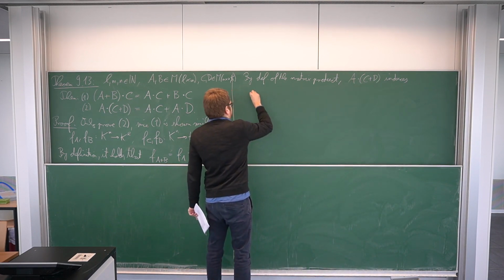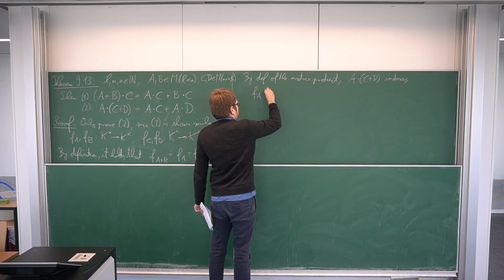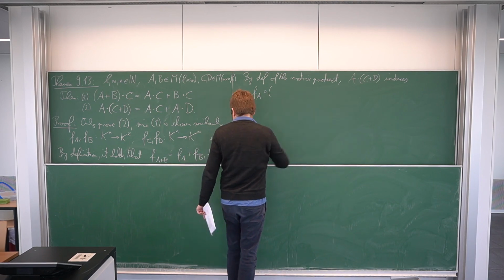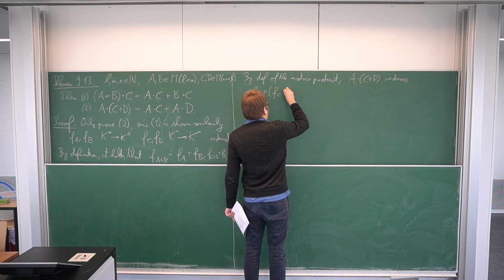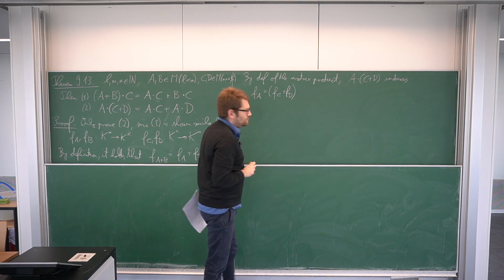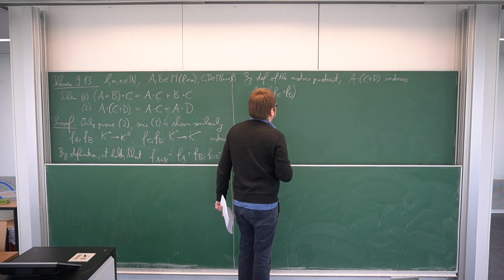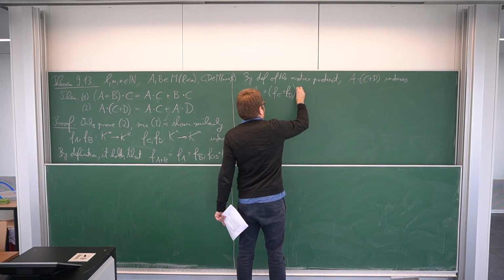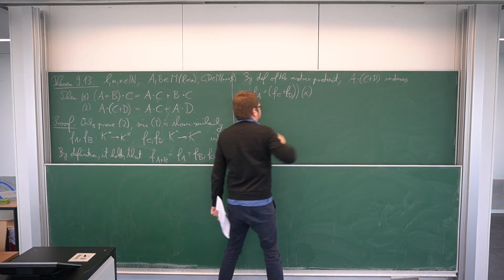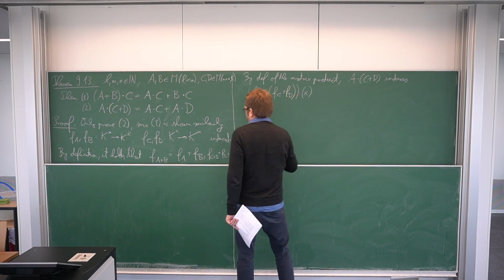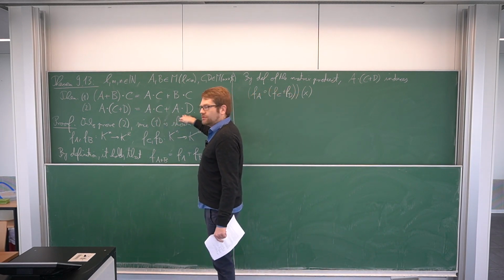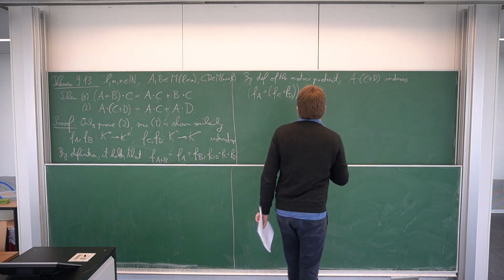So Fa composed with, and now for C plus D we've just seen this is the sum of the two maps, Fa composed with (Fc plus Fd). If we insert some vector in here, what is this by definition? We just have to check that we get the same map that's induced by the right-hand side. Now let's do the computation.